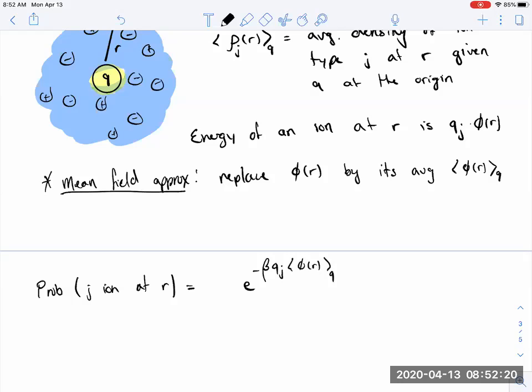The constant of proportionality here is just 1 over V, because that electrostatic potential will decay at long distances. If we're in a macroscopic volume, that's a good approximation.